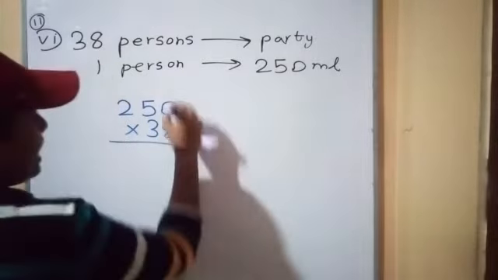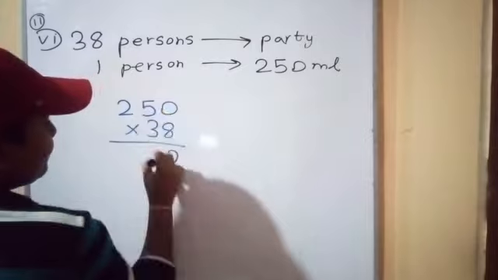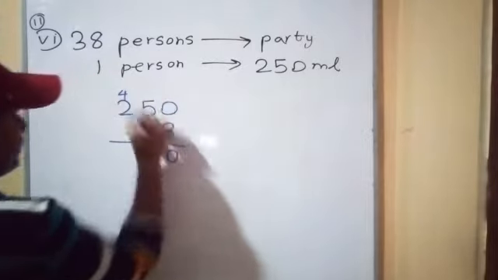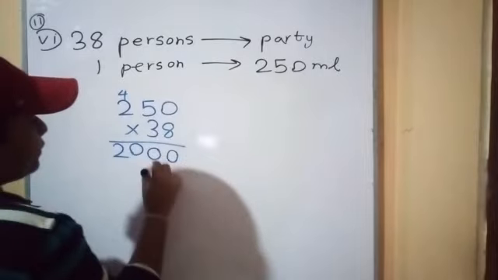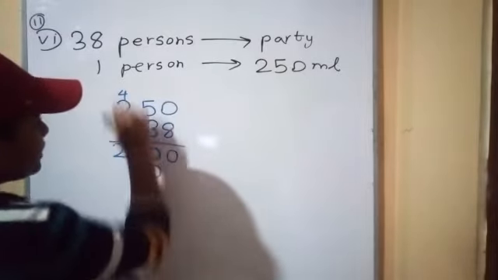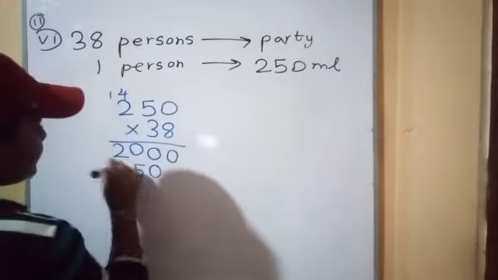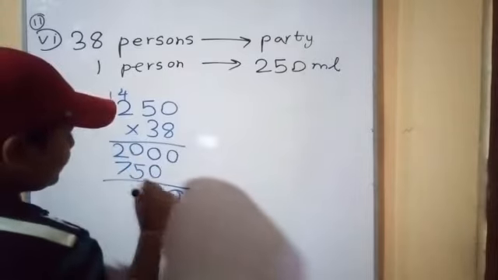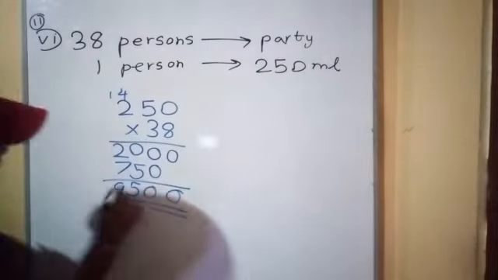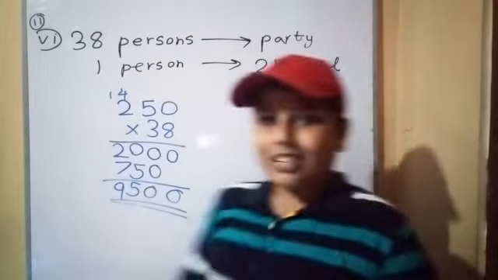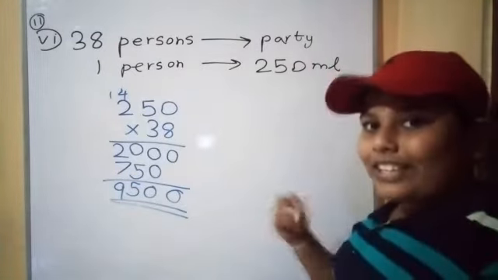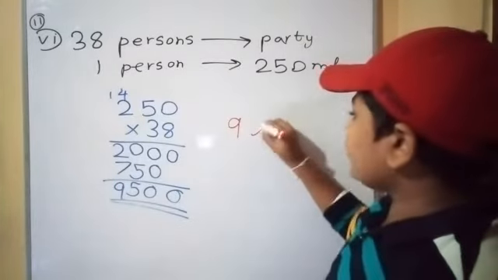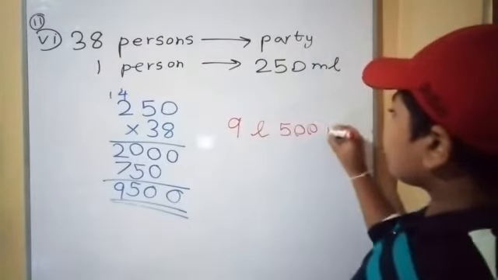Multiply. 8 multiply 0, 0. 8 multiply 5, 40. Goes 0 there, 4 carried. 8 times 2 is 16, plus 4 is 20. Therefore 0, then 5. Then multiply by 3 similarly, giving 7, 5, 0, 0. Add: 0, 0, 5, 9. That means 9500 milliliters. Convert this into liters and milliliters: 9 liters, 500 milliliters.